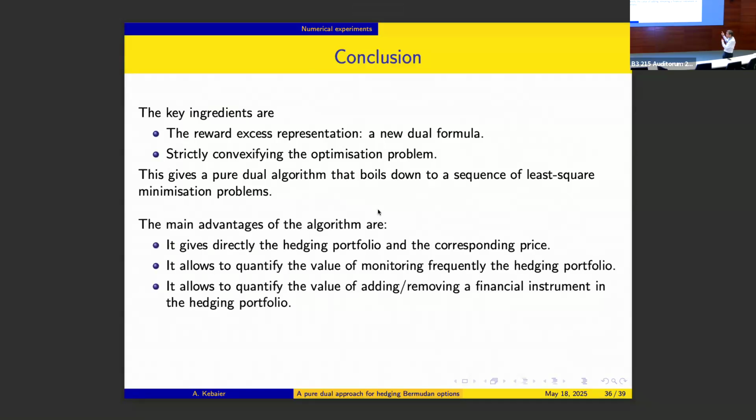The advantage is that, as a byproduct, there is a hedging strategy that you can really implement in practice because we only used tradable asset prices. Thank you for your attention.